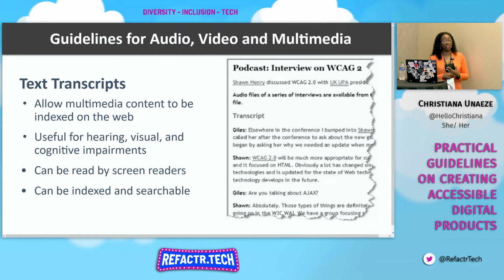This is especially useful for hearing and visual disabilities, as well as those with cognitive disabilities who might find it difficult to watch video content. Also, text transcripts can be read aloud by screen readers, and they are also searchable and able to be indexed online.